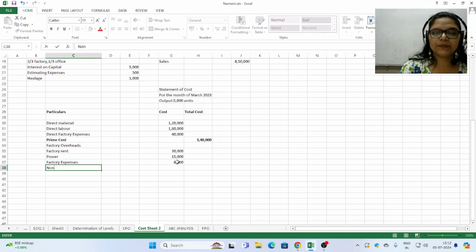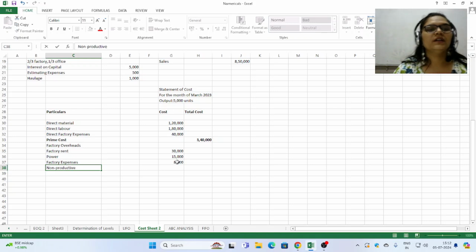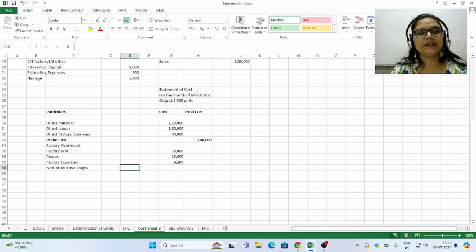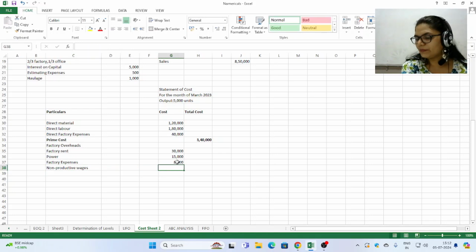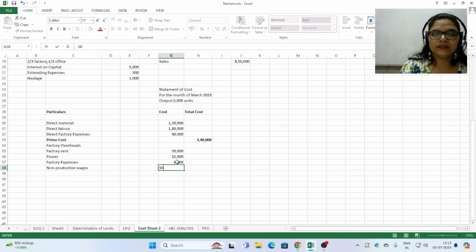If it were productive wages, we would have written it in direct labor, but it is non-productive wages. Non-productive wages are another name for indirect labor, and all indirect expenses form part of the cost after your prime cost has been calculated. So they are part of your factory overheads.